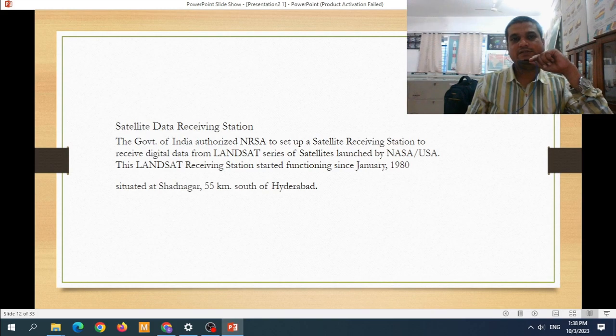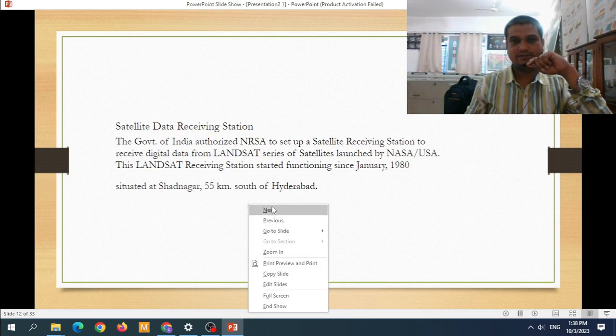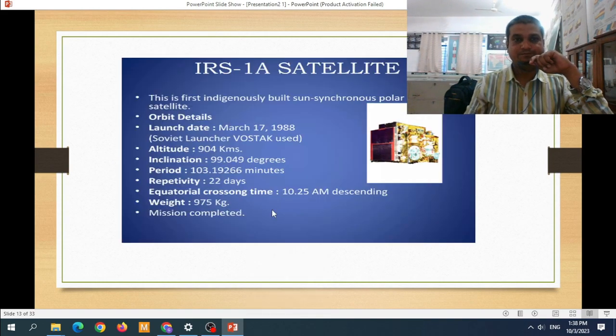This Landsat receiving station started functioning in 1980. It is situated in Shadnagar, 55 kilometers south of Hyderabad. Okay, you have to just remember the name, that is where this particular satellite data receiving station is present.